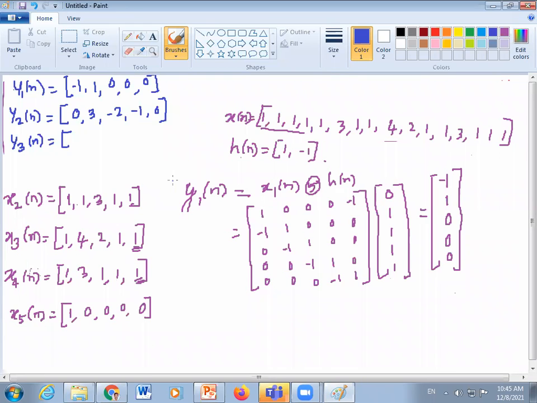If the second answer is also coming, tell me. We will check whether it is right or wrong. Don't worry. 0 2 minus 2 0 0. Which one? Third one or second one? Third. 0 2 minus 2 0 0.